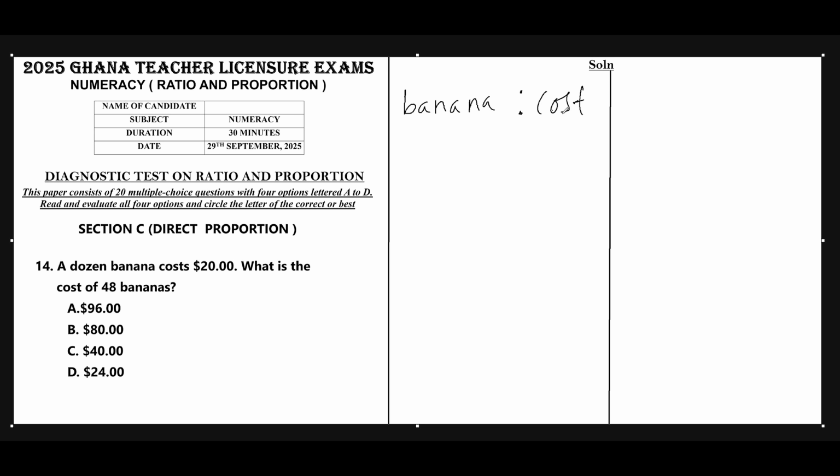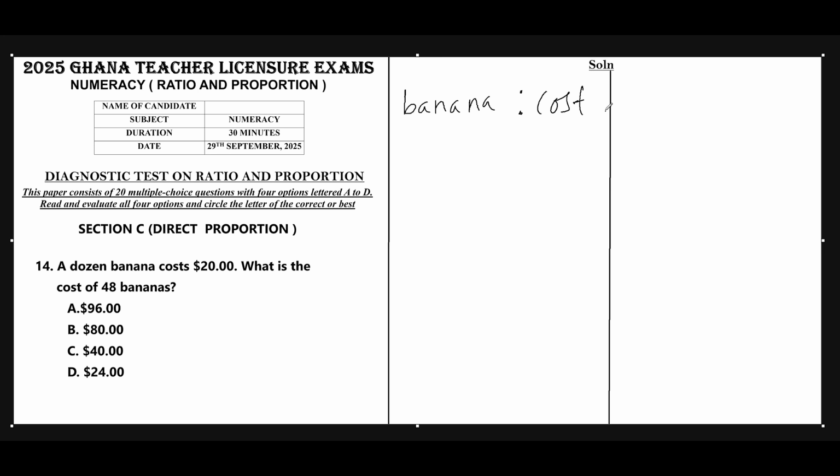Number of bananas and the cost. So you could see that as you buy more bananas, the cost of the bananas also increases. On the other hand, when you buy less number of bananas, then your total cost will decrease.